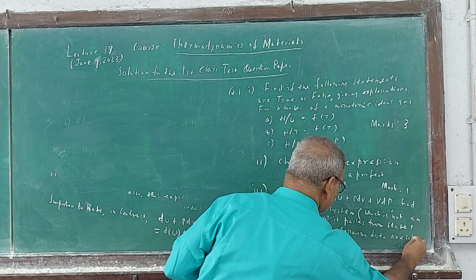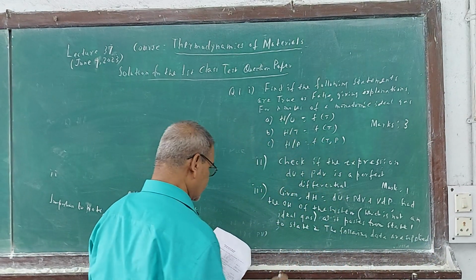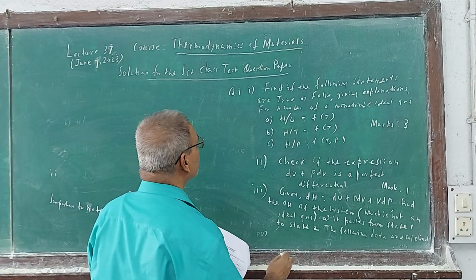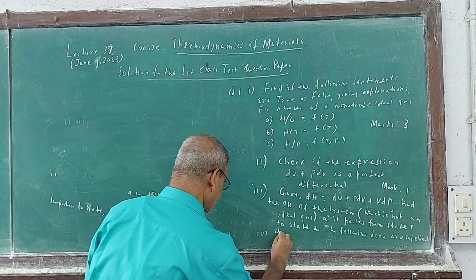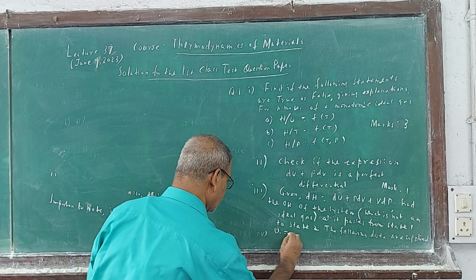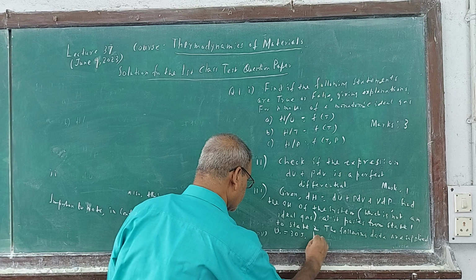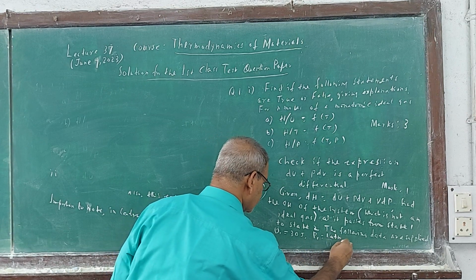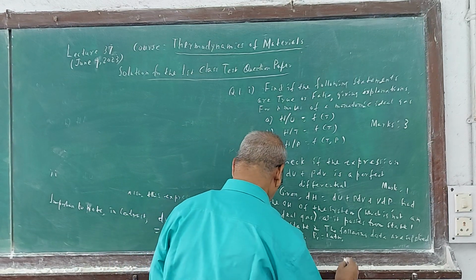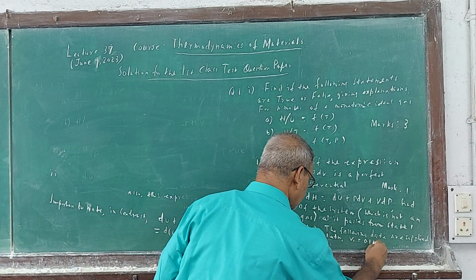Quickly, very fast. What are the data supplied? Quickly, write. U1 is 30 joule. P1 is 1 atmosphere. V1 is 1 liter.